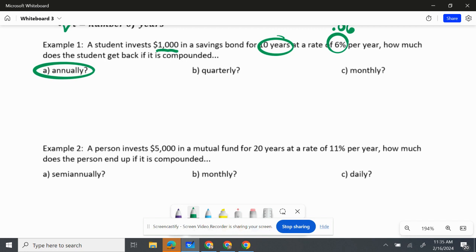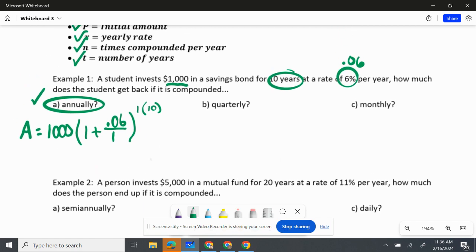So for the first example, we're going to find our final amount. How much does the student get back if it's compounded, in this case, annually, so once a year? We have the investment of $1,000, and then we put 1 plus the rate as a decimal, compounded once per year, and then raised to the 1 times 10.